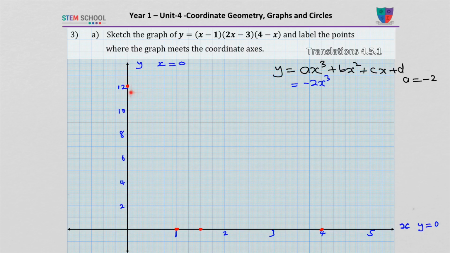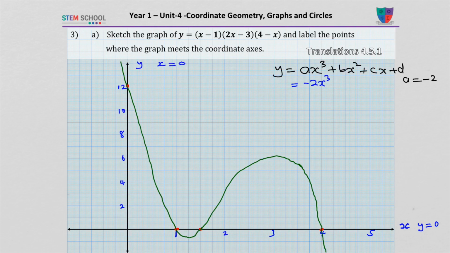So because it starts from the second quadrant, when we sketch the graph, it will come from the second quadrant here, turn there, and then go all the way to meet 4, then way down.